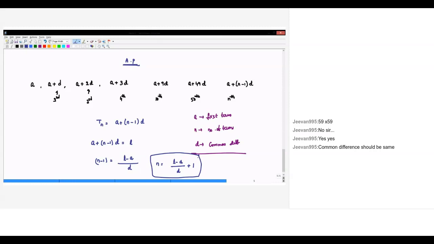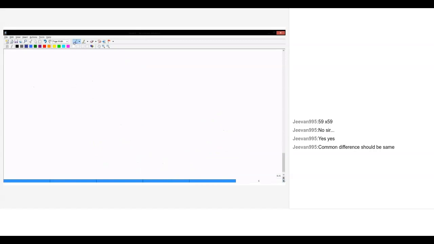In some cases you need to find the number of terms. Then how do we find the number of terms of a sequence? By using this formula. Let me give you a sequence that starts with, let's say, 7, 10, 13. It goes on like this, up to 124. Find the number of terms in the sequence.